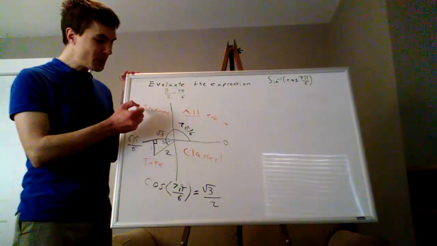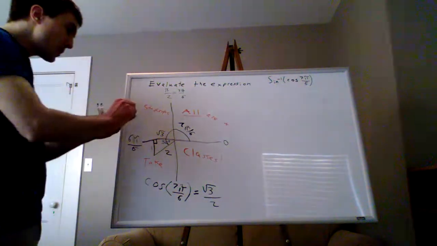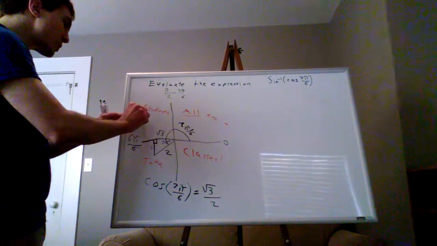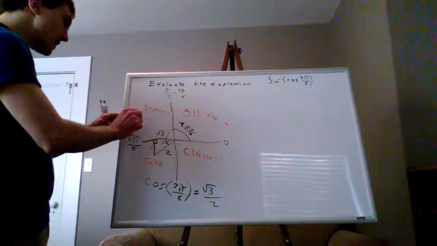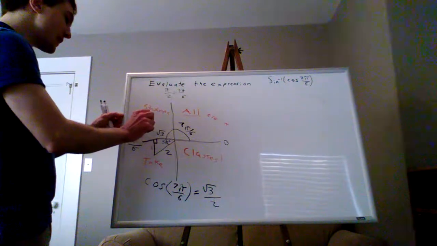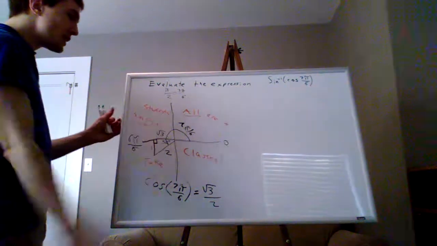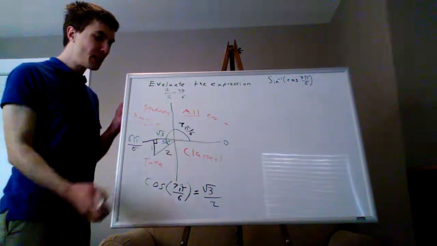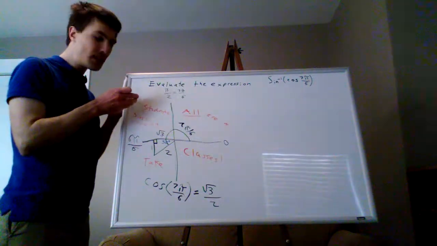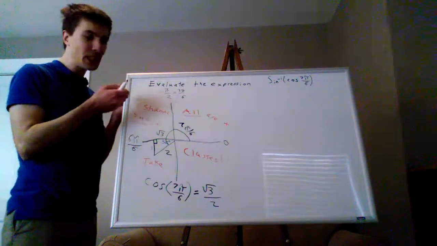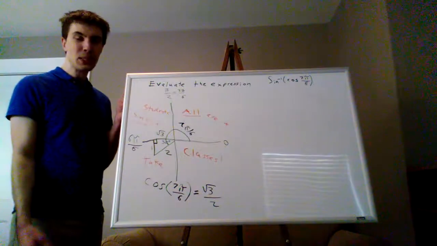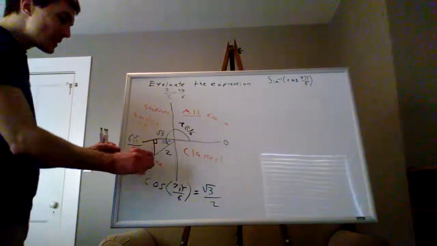In the second quadrant, S stands for sine. So sine and cosecant, the reciprocal of sine, are both positive and everything else is negative. So tangent is negative, cosine is negative, cotangent is negative, and secant is negative in your second quadrant. In the third quadrant, T, what do you think that stands for?